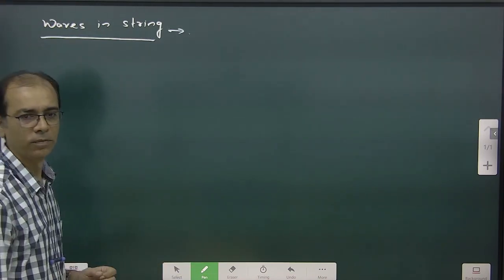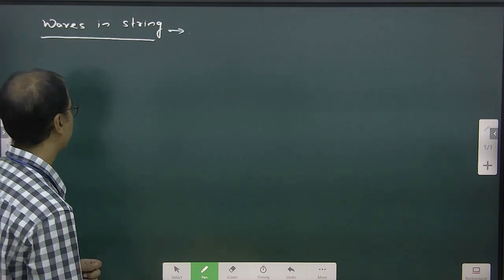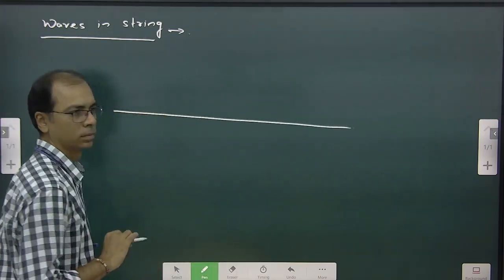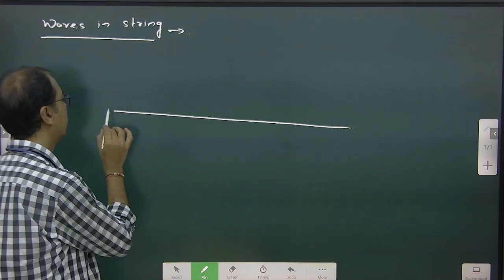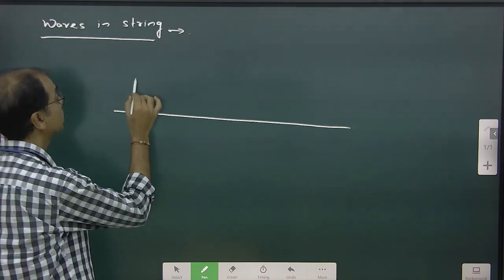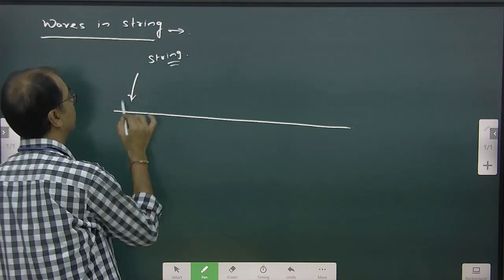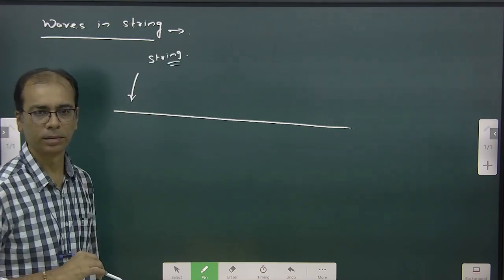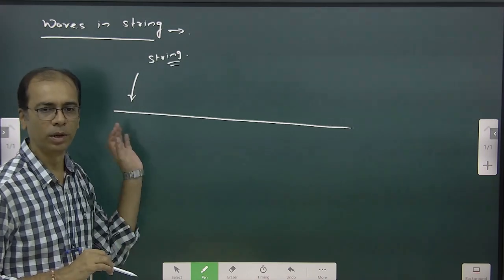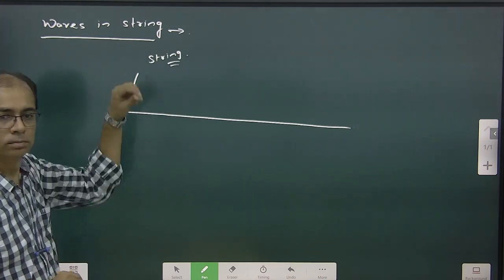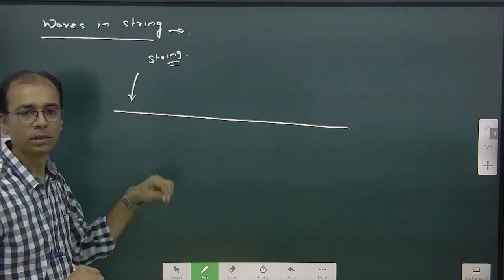Now, what happens in waves in a string? Let's try to understand. Suppose this is a string here, and this end of the string is in my hand. Now, what am I going to do? I am going to produce oscillation in my hand.